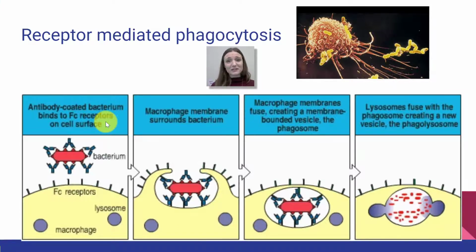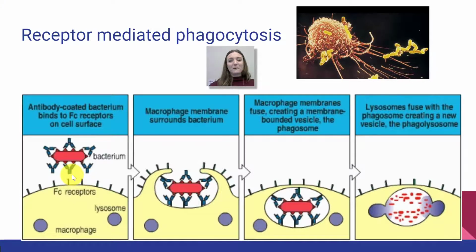So macrophages are kind of like the cleanup crew. Once the pathogen, bacteria, virus has been neutralized by these antibodies, we now got to destroy it, right? So macrophages' cell membrane receptors are looking for these antibodies that have been bound to the surface of a bacterium or a virus.